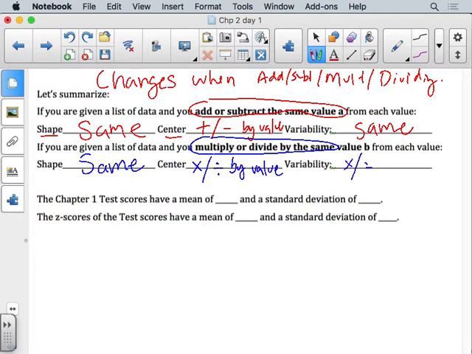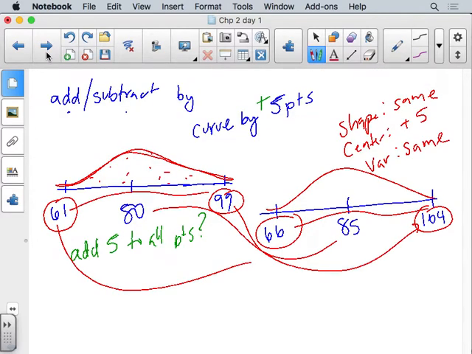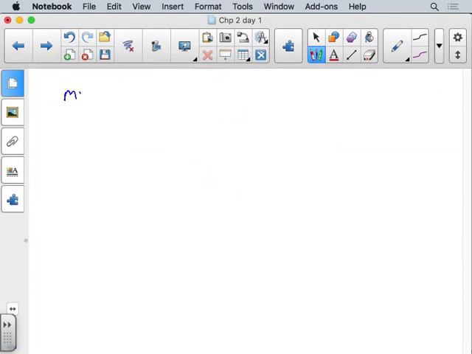The variability would multiply or divide by the value. And I'm going to do an example for you. So the center and variability would multiply or divide by the value. So let's do multiply or divide.